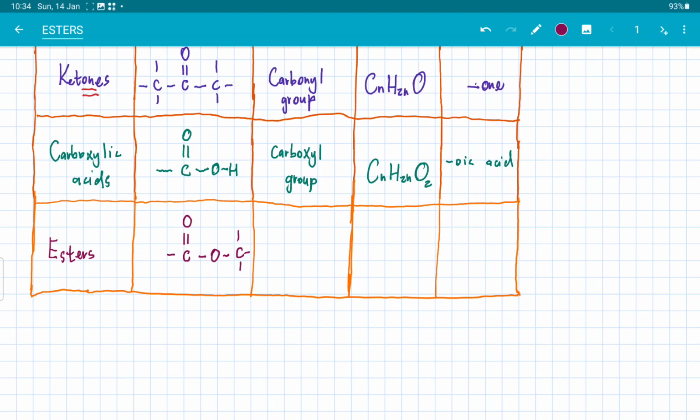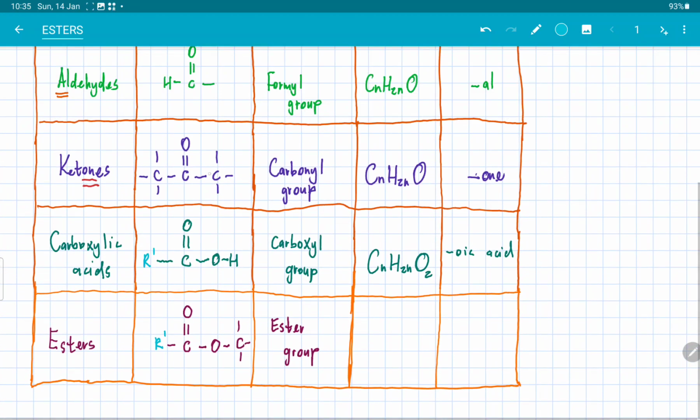If you notice, all our functional groups have a name. So the ester functional group is called an ester group. By the way, I've noticed some textbooks put an R up and down, or replace these with an R or an R prime.